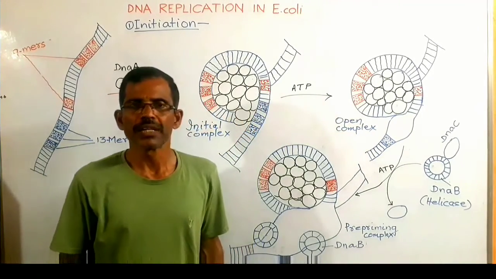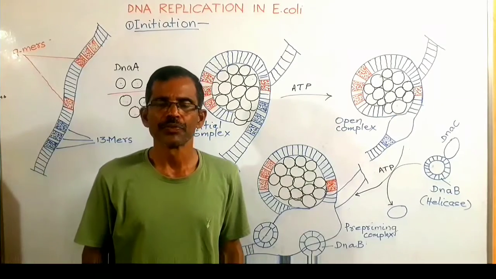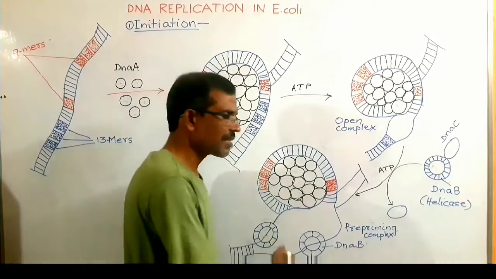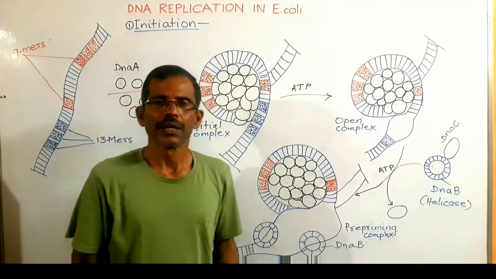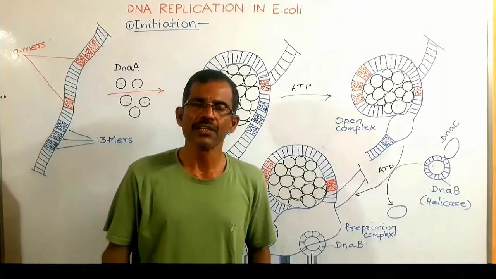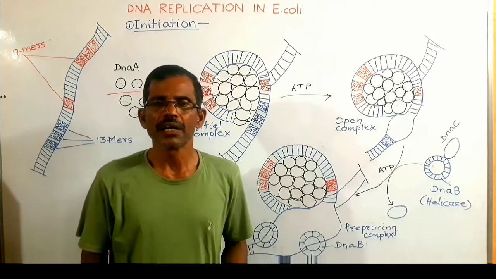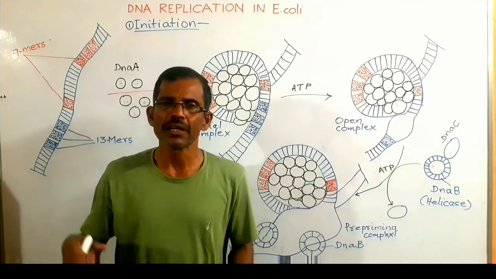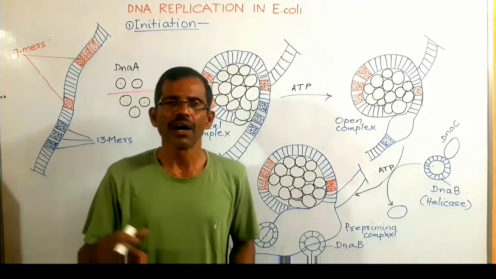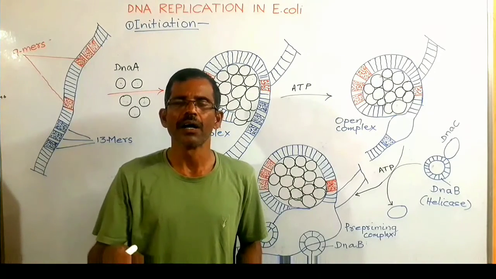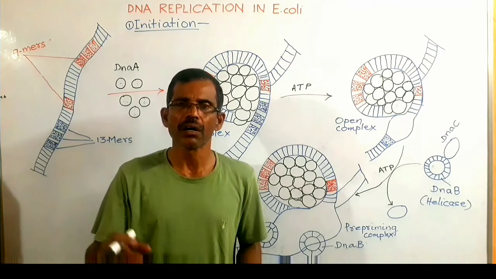DnaB protein is actually a helicase. For the process of DNA replication, two helicases are required. The function of the helicase is to unwind the DNA double helix. Helicase moves along the DNA molecule in the 5' to 3' direction, thereby unwinding the DNA double helix, by which DNA replication occurs.